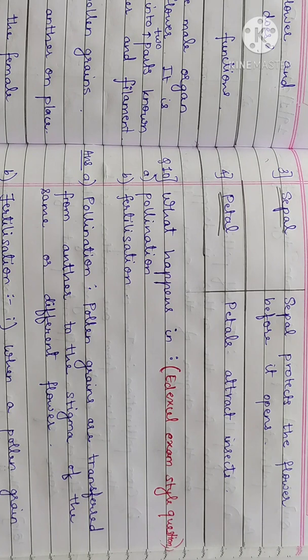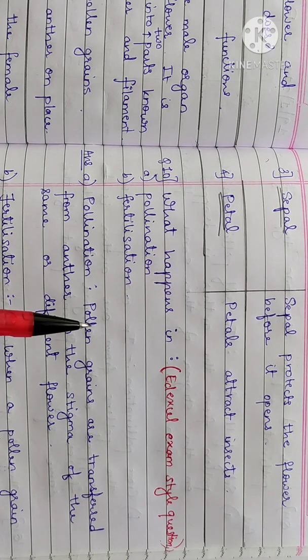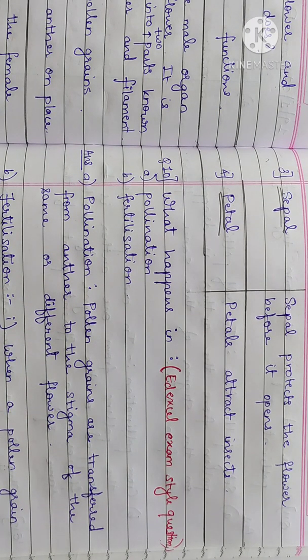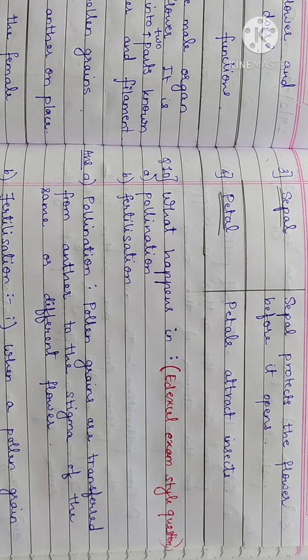If it occurs in the same flower, it is called self-pollination. If it occurs in a different flower, it is called cross-pollination. So in pollination, pollen grains are transferred from the anther of the flower to the stigma of the same or the other flower.